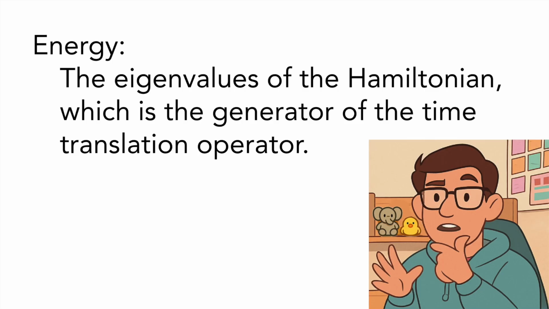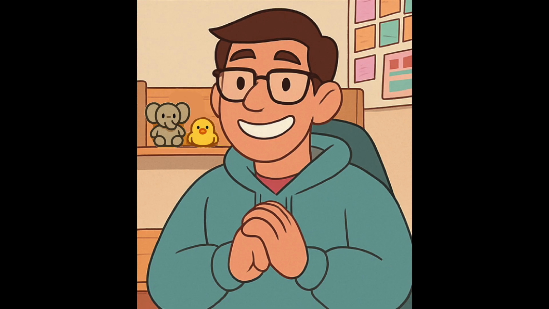So to recap, we've talked about operators, time translations, and generators, but there's more to say about the Hamiltonian, and we haven't even touched on eigenvalues yet. Let's talk about the Hamiltonian first. What exactly is it, and what does it do? I would argue that the Hamiltonian is the most important operator in all of quantum mechanics.